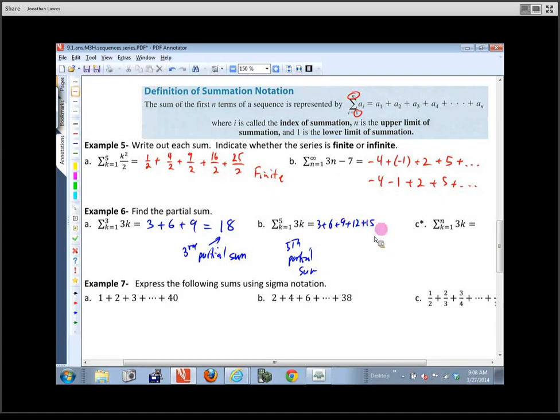If we add all those together, we get 45. Isn't that right? Double check me there. Okay, sometimes we'll call this S sub 3 for third partial sum, S for sum. Call this one S sub 5 for the fifth partial sum.